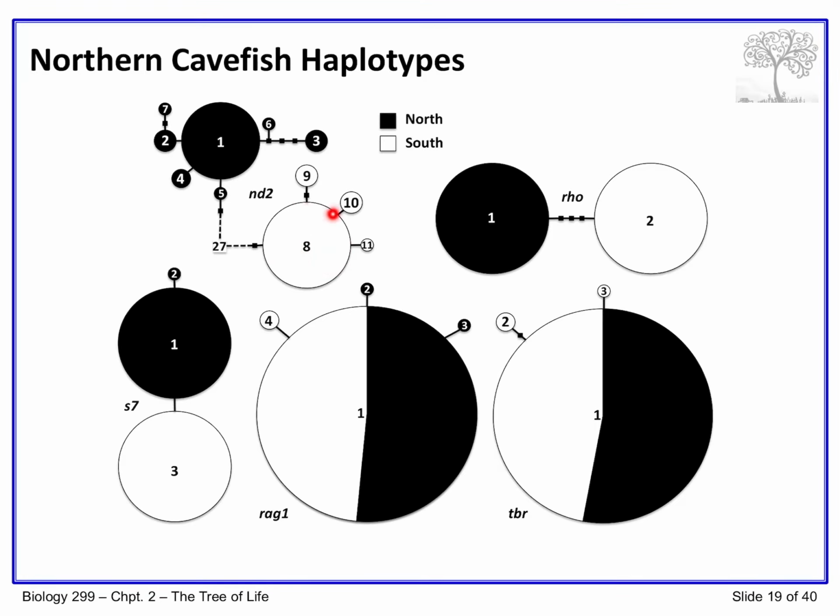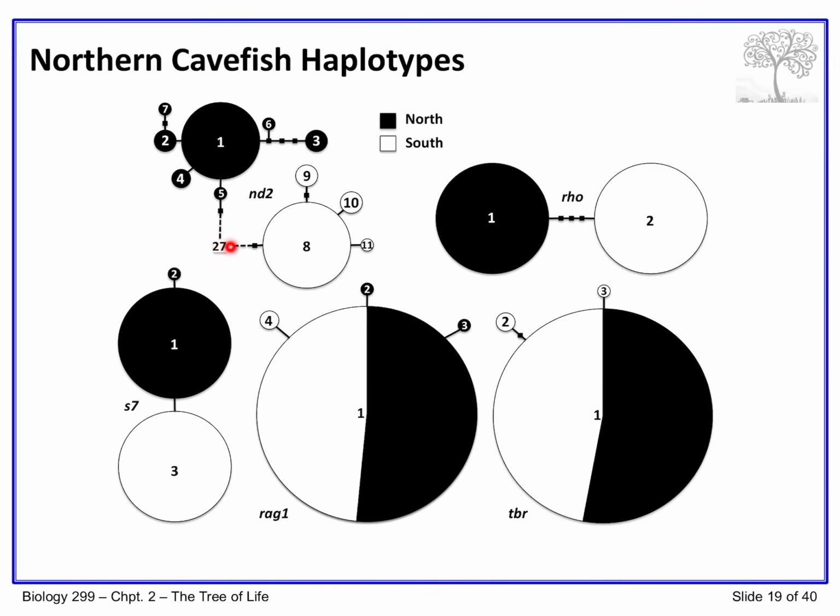Then compare that gene to the same gene you see in Kentucky, and we see haplotypes 8, 9, 10, and 11. So completely different versions of the gene from what you see in Indiana. And we have 27 mutational steps between them.